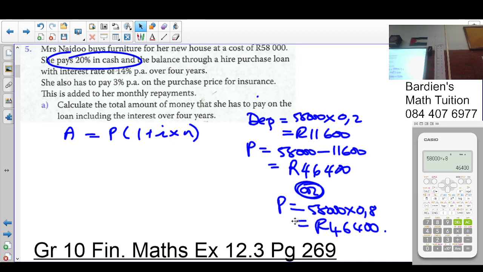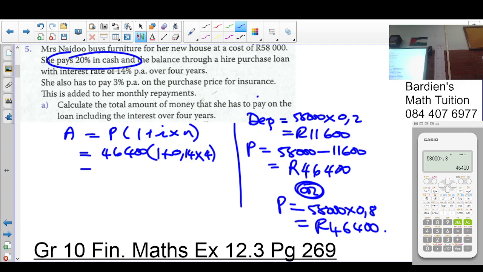So now with that we'll do the calculation. That will simply work out to be 46,400 times (1 plus the interest rate 14%, so 0.14, multiplied by 4 years). Alright, so let's work that out.